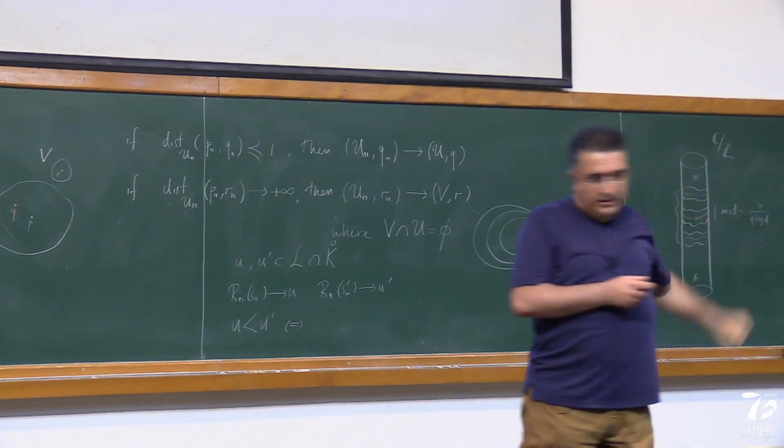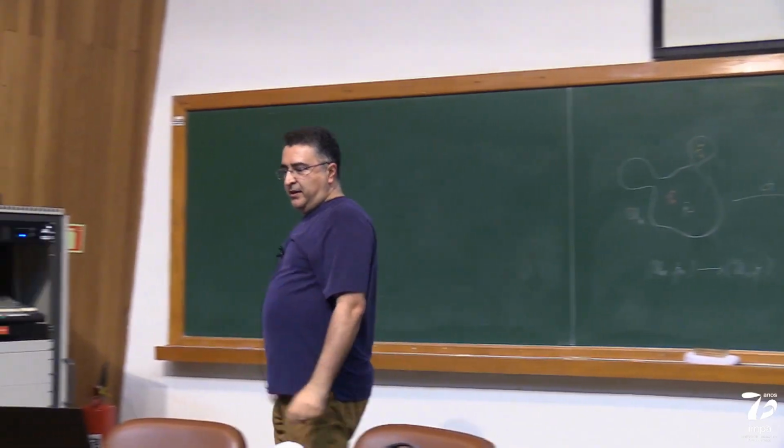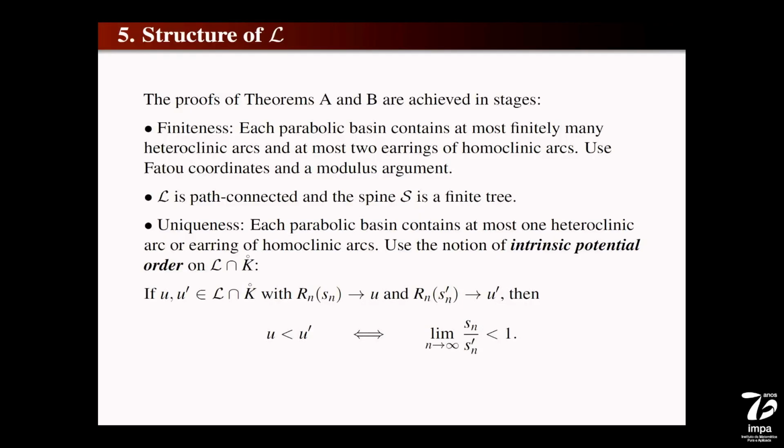And using this order and some topological arguments, we can prove that. This requires several lemmas, but you break it down into various statements. You go from a finite tree to just an interval.